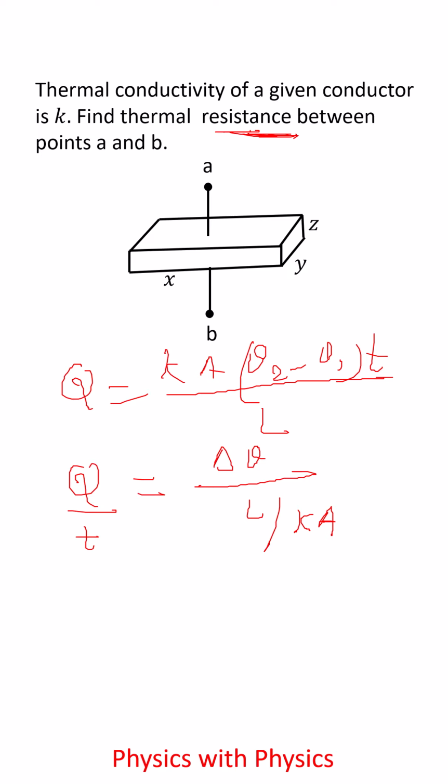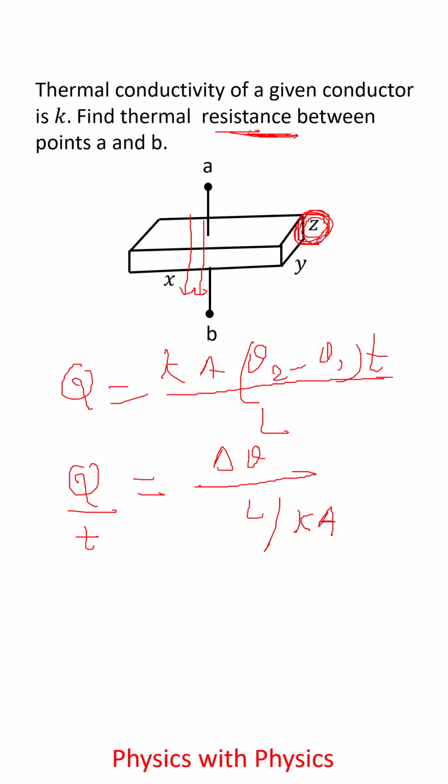Now, heat energy passes from this point to this point, and the thickness is that length through which heat energy passes. Here Z is the thickness through which heat energy is passing.